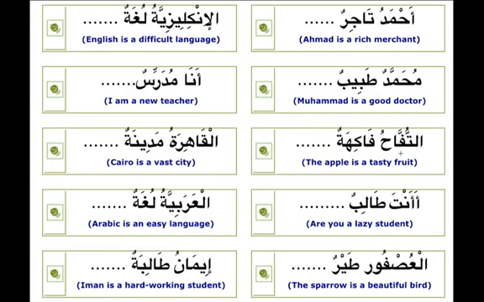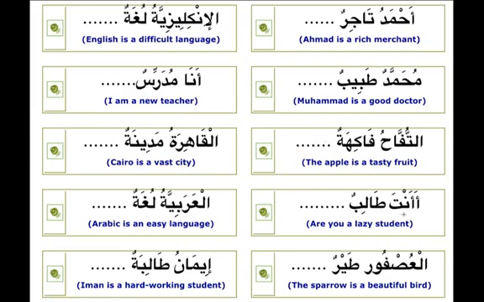If you have to say ad-dajaju, dajaju is a masculine word, so you say ad-dajaju lazizun. But you say at-tufahu fakihatun lazizatun, because we are using a feminine word here.